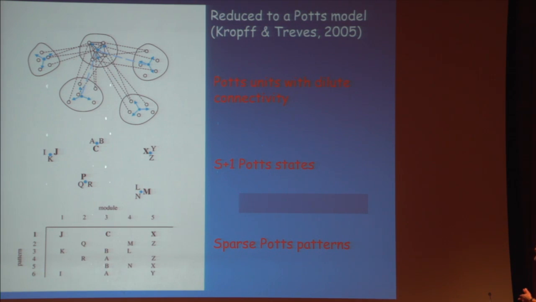So the Potts model is a way to handle analytically this simplified version of the Braitenberg model of the cortex.